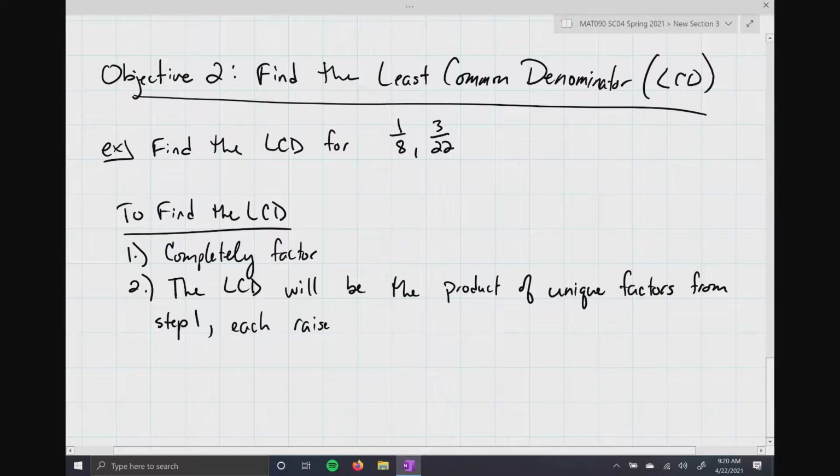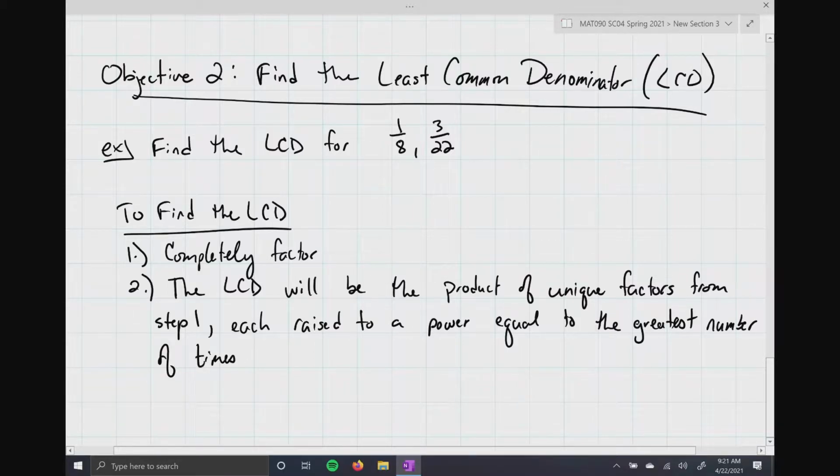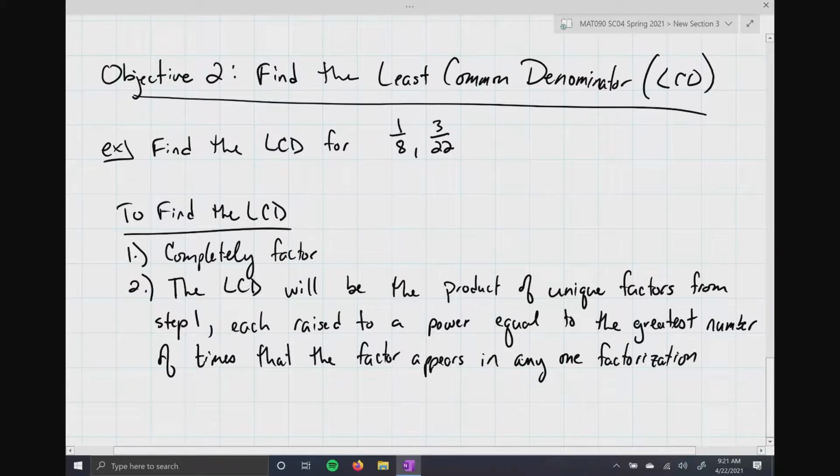Each raised to a power equal to the greatest number, excuse me, of times that the factor appears in any one factorization.